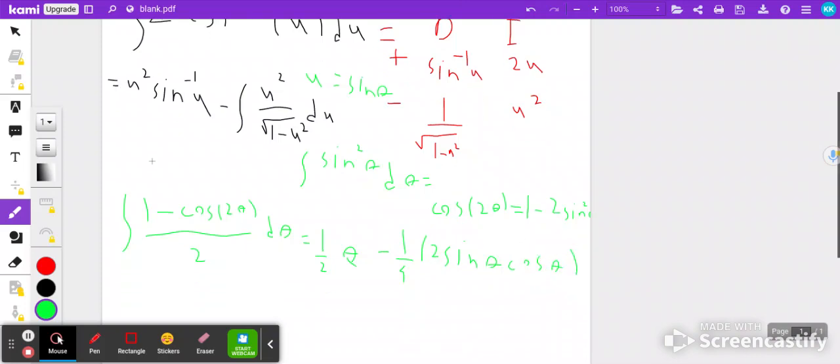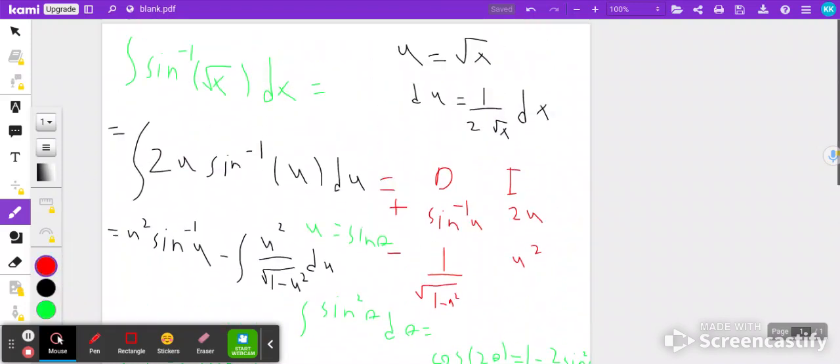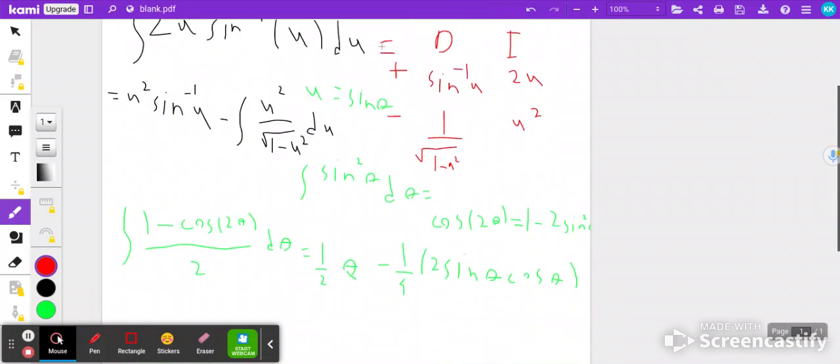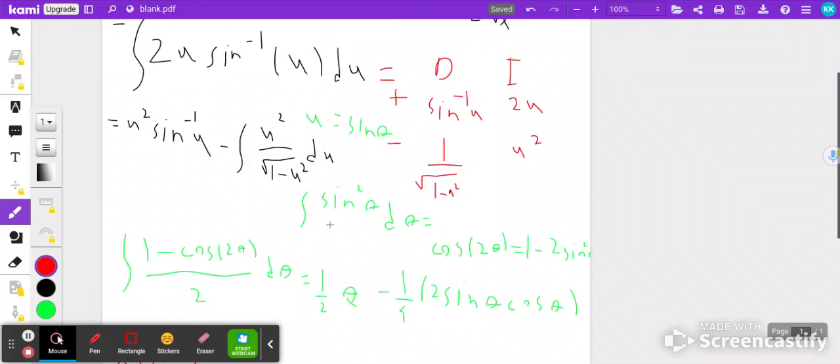So we have our first part of the answer, the u squared. So we know that u is equal to square root of x. So if we square the square root of x, we basically get x times inverse sine of u, which is square root of x. And then we get minus times this, so we get minus 1/2 theta.